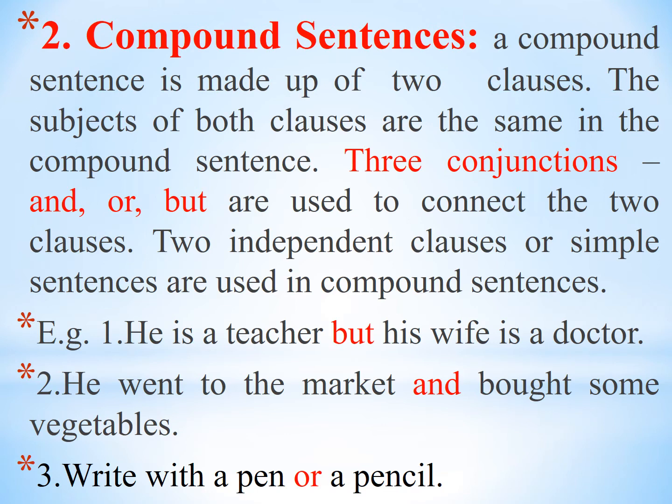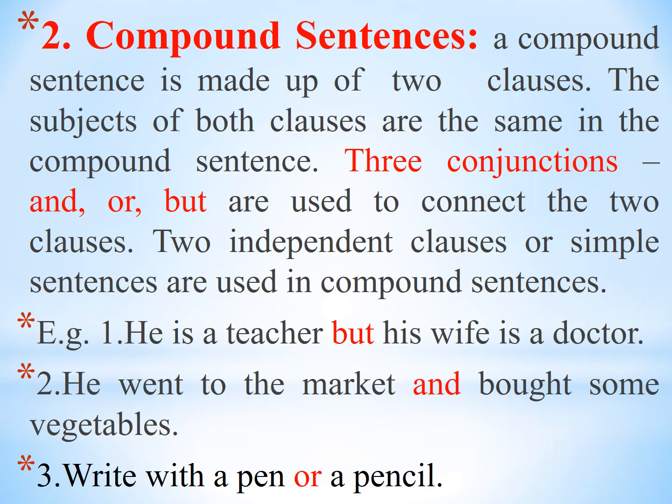And, or, but are three conjunctions. They are used to connect the two clauses. Two independent clauses or simple sentences are used in compound sentences. Means two independent clauses have their own subject, verb and they have their own meaning, but they are combined together with these three conjunctions and, or, but.